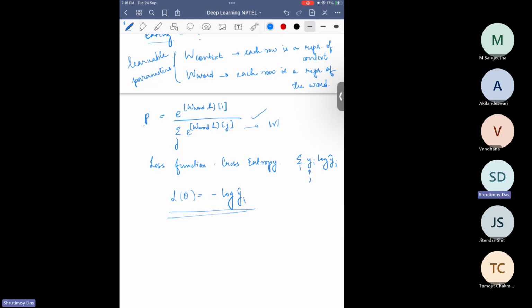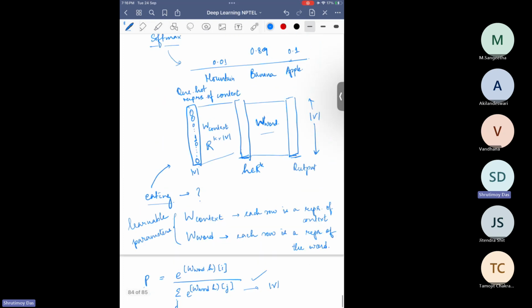Using this, you will be able to train this neural network, right? Once it is trained, you get these matrices W context and W word. And once you have these matrices, you can get back the representation of these words, and then you can use those word representations for whatever neural network task you want.